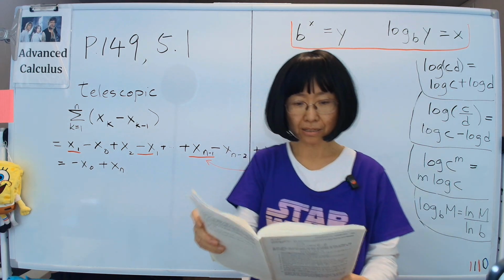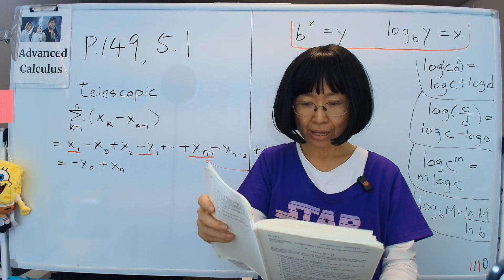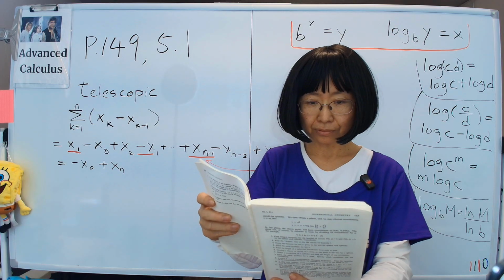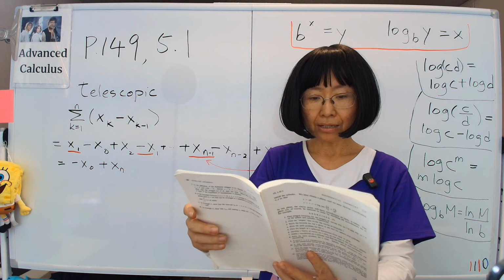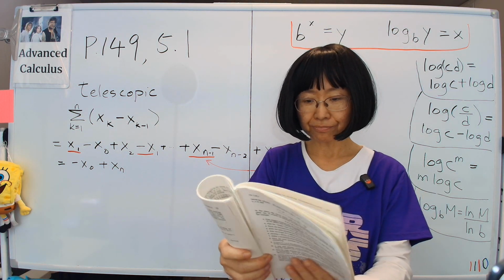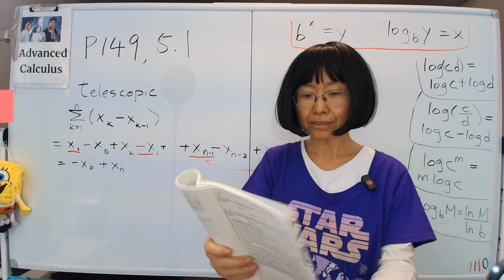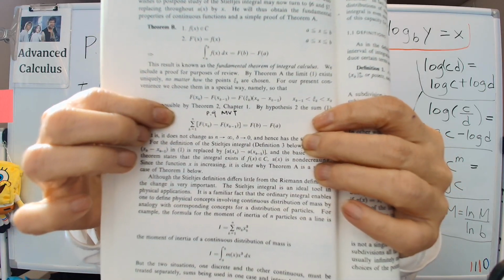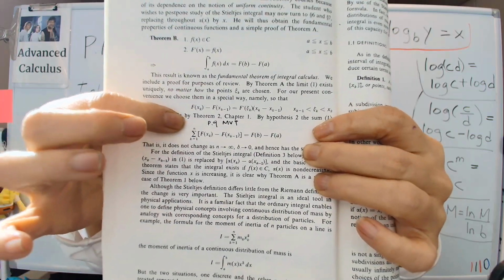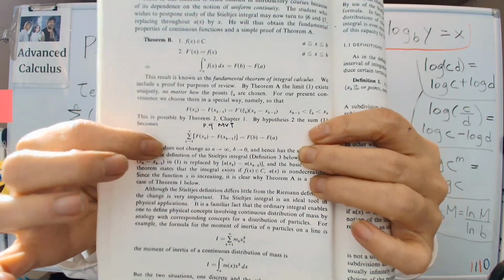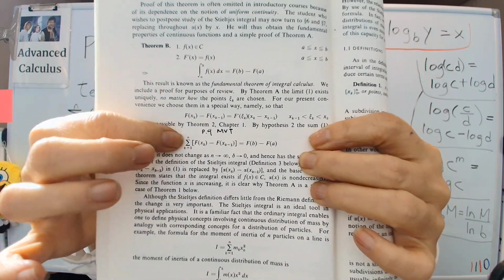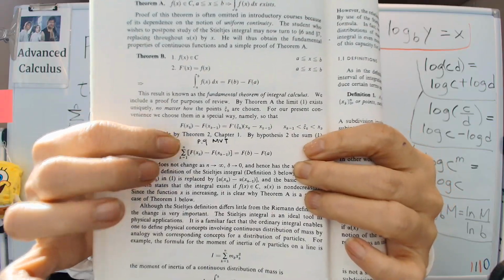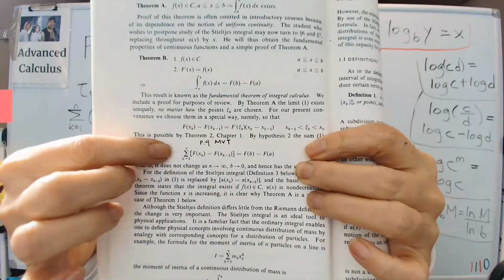Next, that's the proof of theorem B. Now, notice that this sum exists. We have established that this sum exists for any n. That is, it doesn't matter if n goes to infinity and delta pushes to 0.